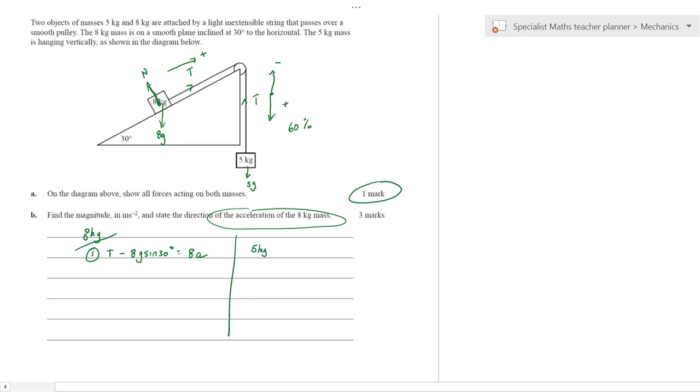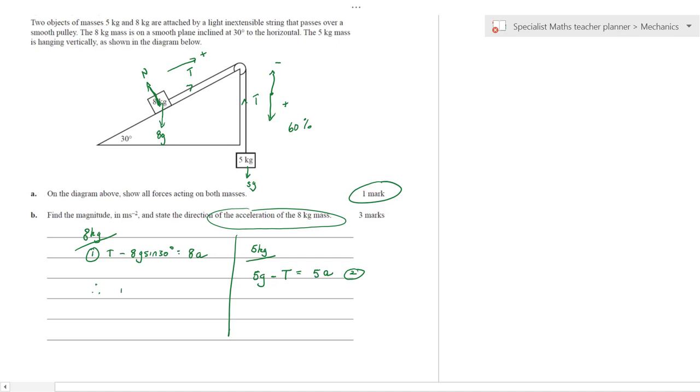For the 5 kilogram mass, we're going to say that 5G minus T is equal to 5A. Call it equation 2. So therefore, let's add these equations.